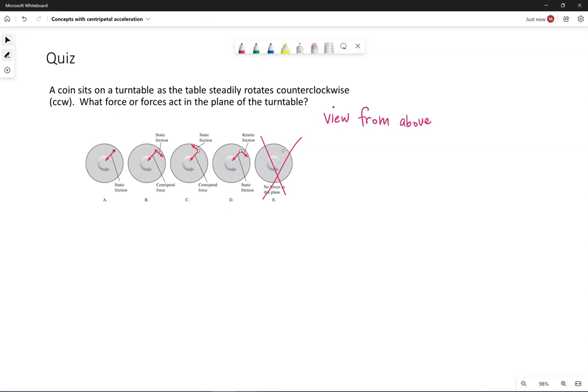To narrow it down from there, we do need to know what it means if the turntable is steadily rotating counterclockwise. That means it's not speeding up or slowing down. Steady rotation speed means there cannot be any force that is tangent to the circular path.